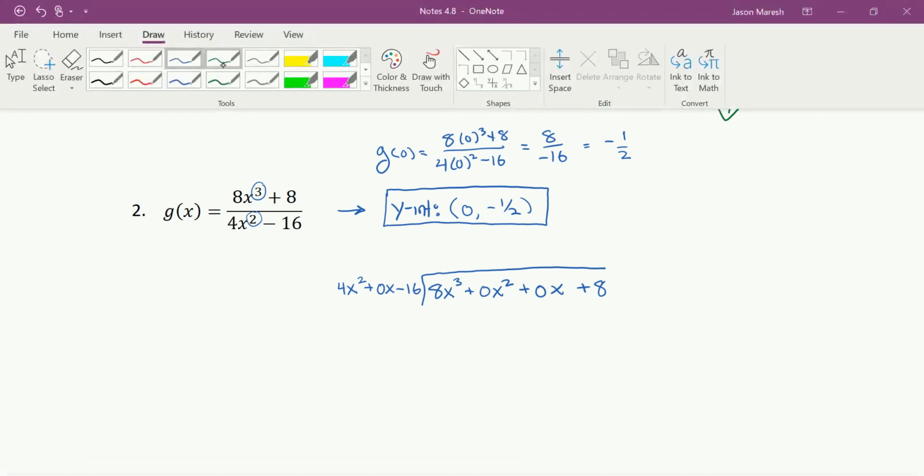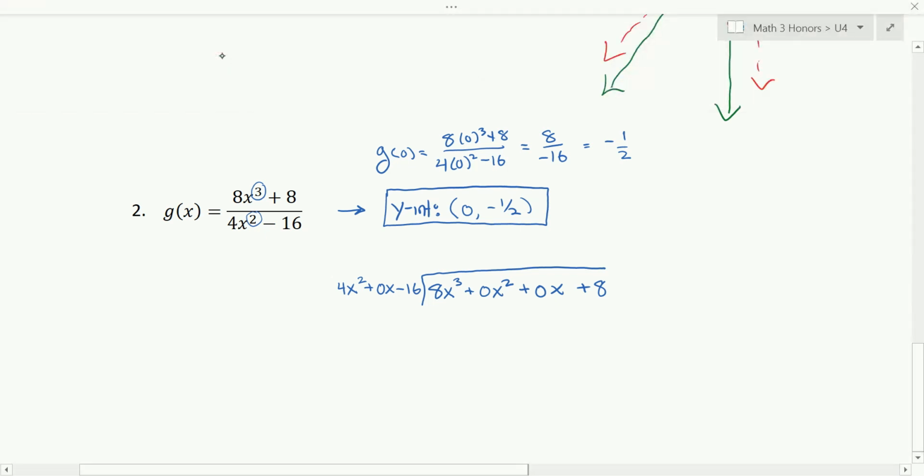And so when we're doing the long division here, all that matters when you start, you're looking at the 4x squared and the 8x to the third, and asking, what do I multiply 4x squared by to get 8x to the third? And 2x right here. And then you're going to take that 2x and multiply it with the 4x squared, the 0x, and the negative 16, and write your answer right over here.